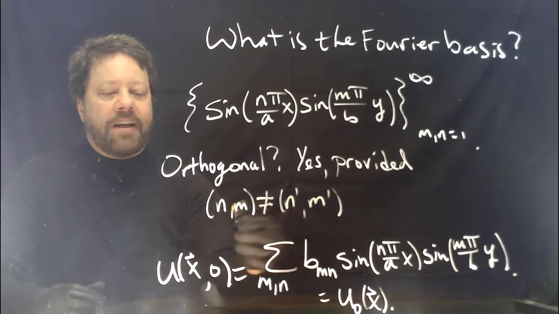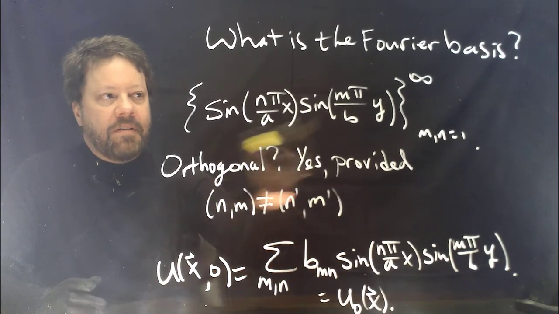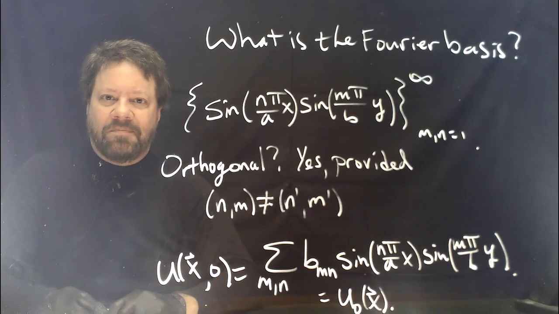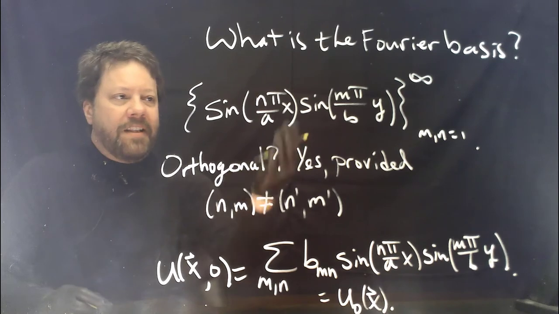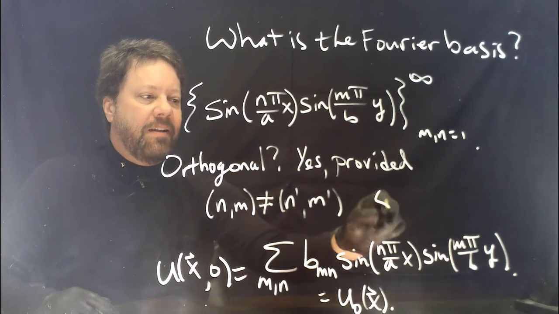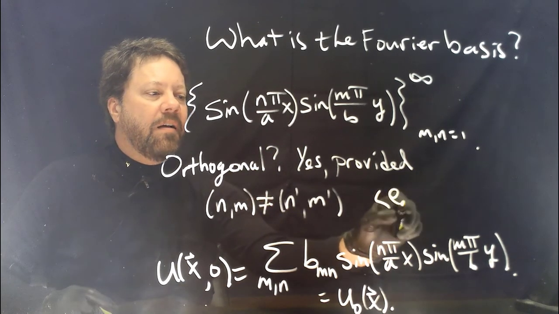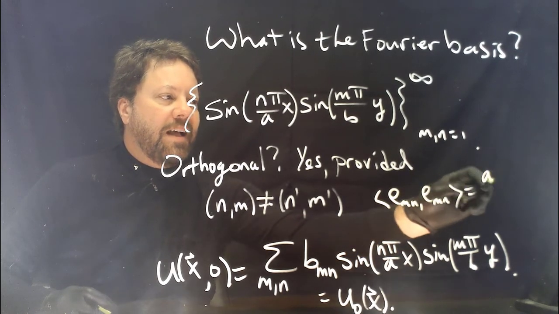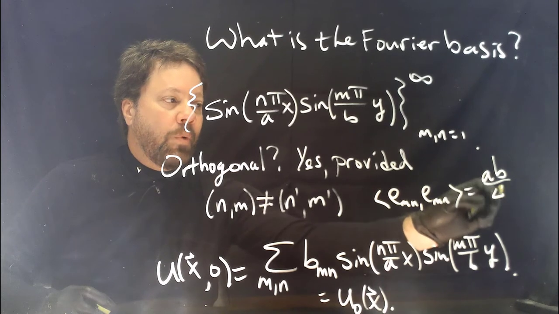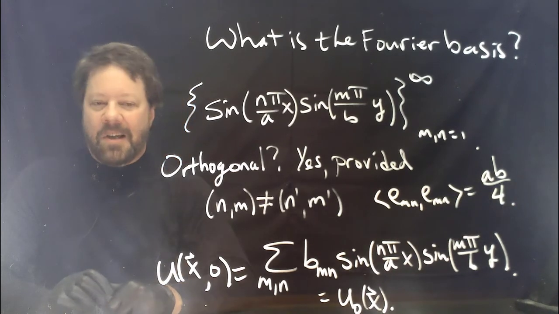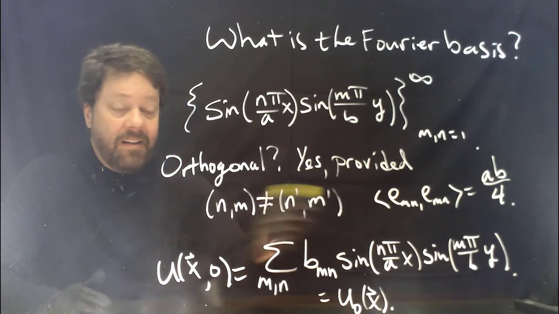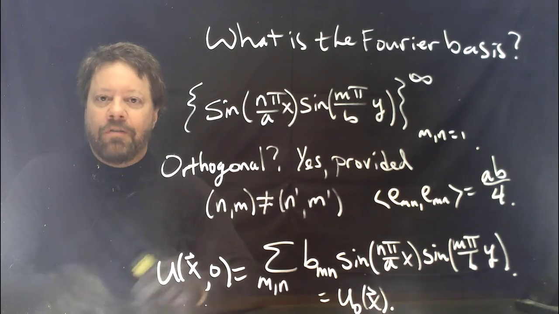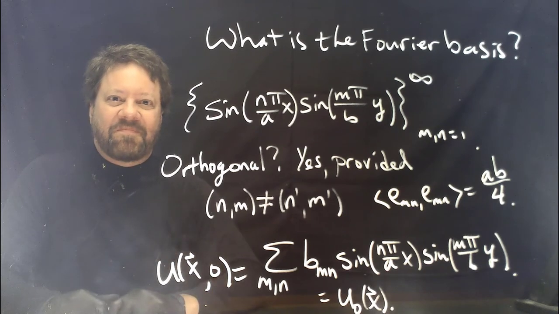If you choose different values of n and m for two different elements of this set, you'll get something that is orthogonal. What is more, if you take the inner product of one of these with itself, you'll have AB over 4 as the value of the inner product. The integral will, of course, in this case, be a double integral, since we're integrating over the entire rectangle.